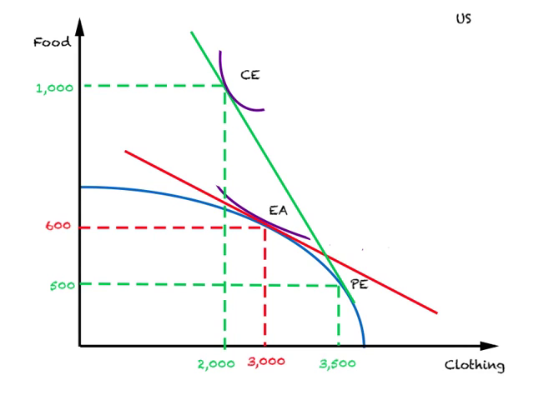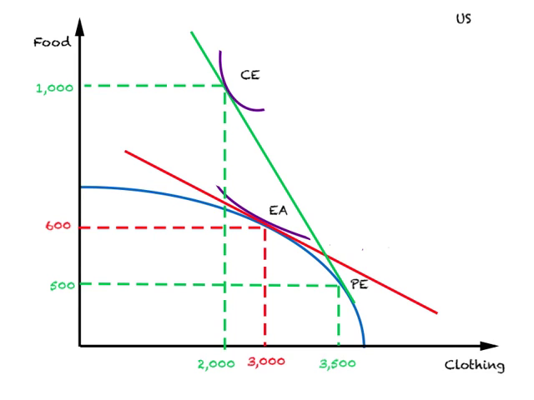Now suppose the US decides to engage in foreign trade, and the world price is represented by this green solid line, and we already know that the slope of a price line represents the price of clothing divided by the price of food, or simply the relative price of clothing.